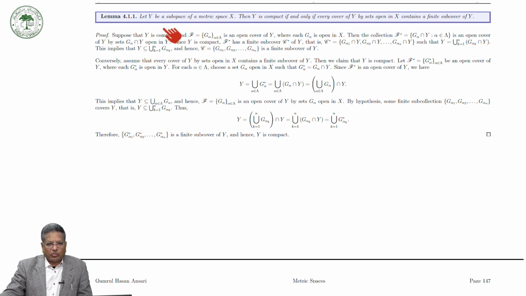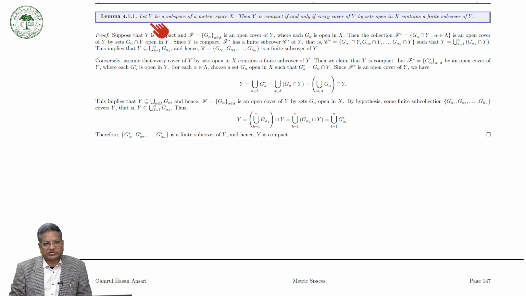Again I am repeating, Y is compact means Y is a subspace of a metric space X, and every open cover of Y by sets open in Y has a finite subcover.